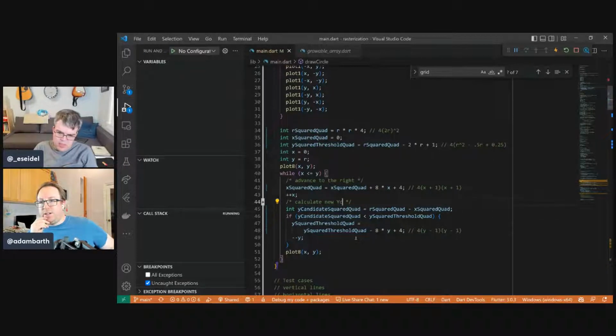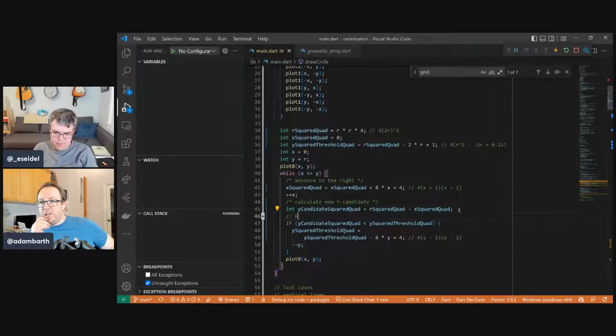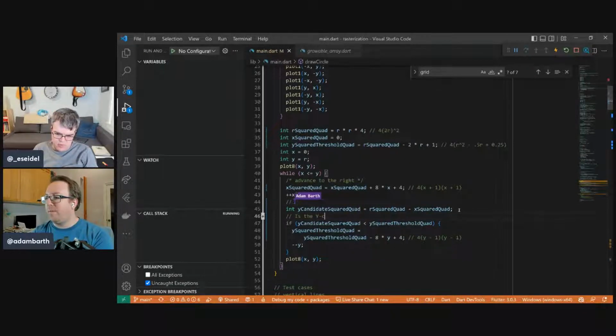Hold on, this is Y. And this is input space. New Y squared, the circle equation.